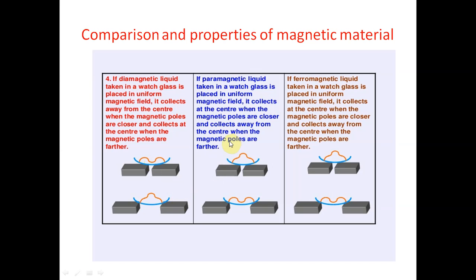In case of paramagnetic material, if the poles are close, then the material is collected at the center, and if poles are farther, the material is collected away from the center. It is due to attraction of the material by the magnetic field.